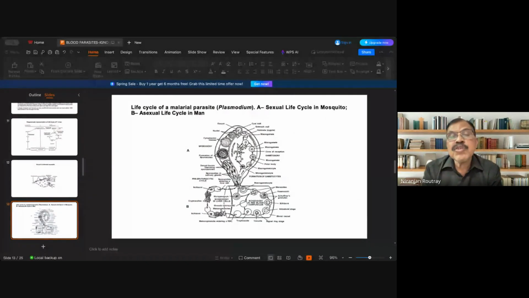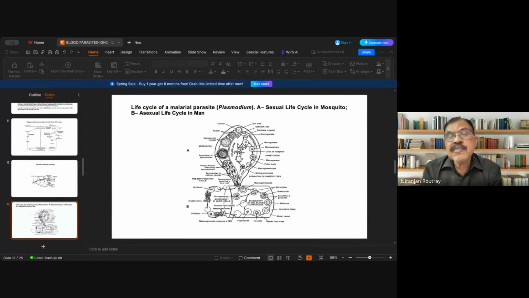In this oocyst stage, the diploid nucleus undergoes meiosis followed by mitosis to form a large number of sporozoites. When the sporozoites have built up in large number, they burst the wall of the oocyst and are released.